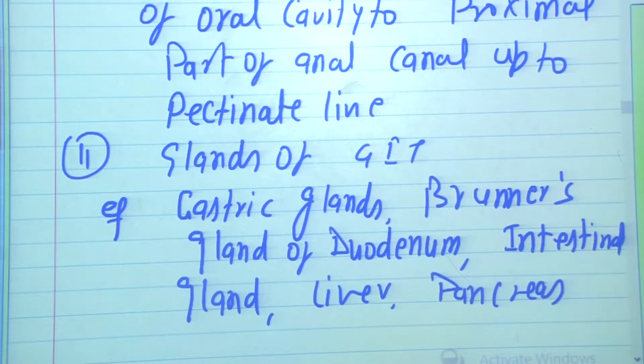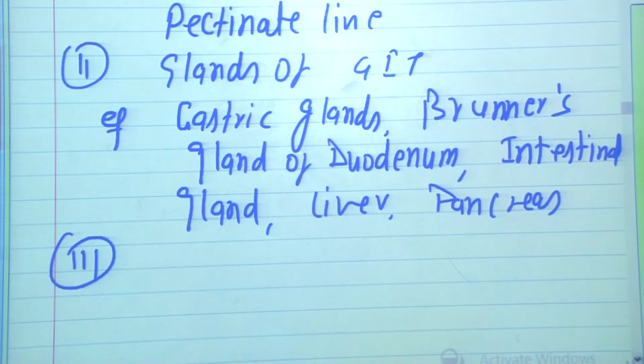These are all derivatives of endoderm. The third is the respiratory system.